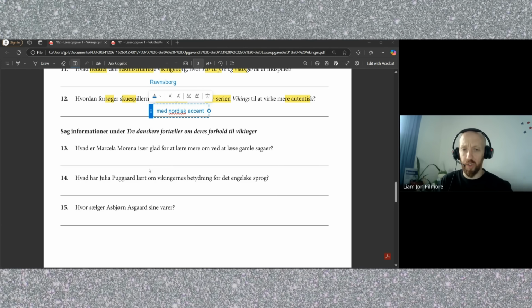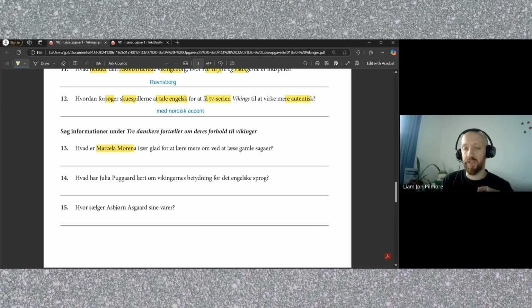Here we go. 7 informationer under. 3 danskere fortæller om deres forhold til vikingerne. Nummer 13. Hvad er Marcelle Morena især glad for at lære mere om ved at læse gamle sagaer? Okay. This could be a little tricky, but so the key, of course, here is firstly her name, Marcella. We need to find her.